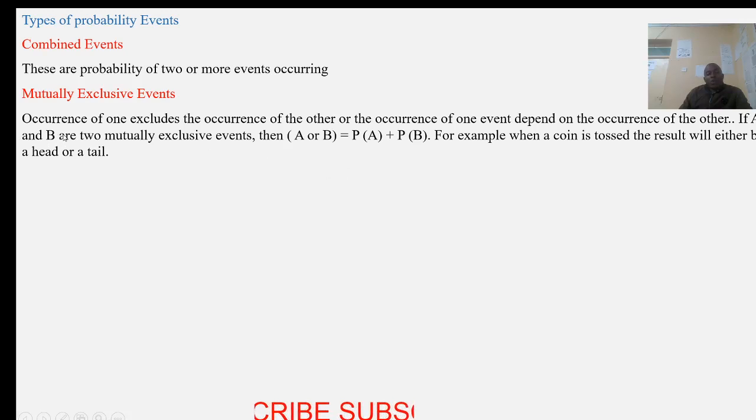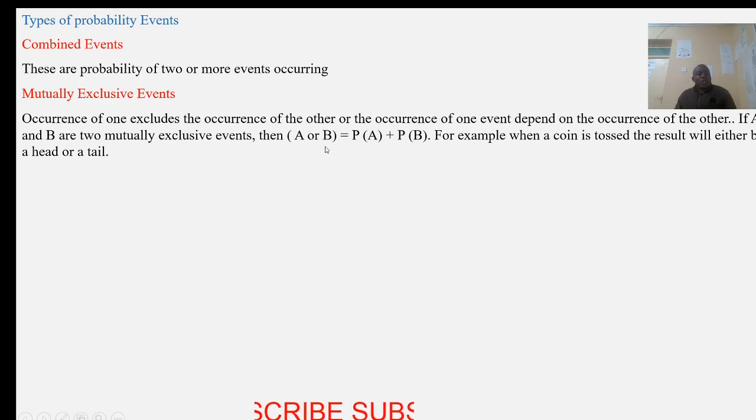So we call them mutually exclusive events. If A and B are two mutually exclusive events, then A or B means that A occurs or B occurs.